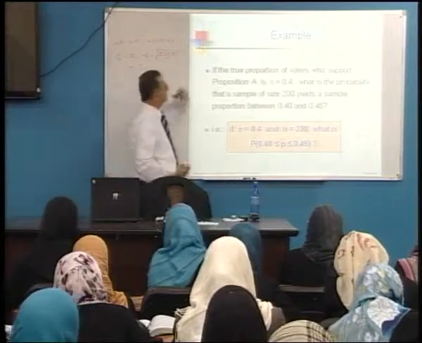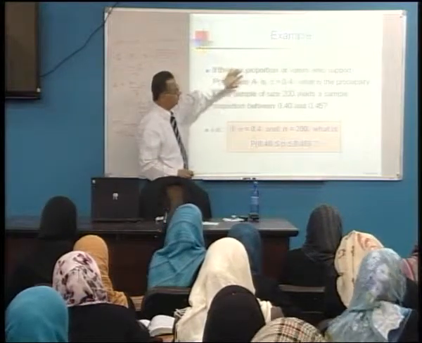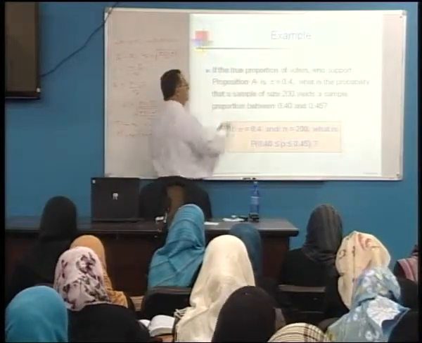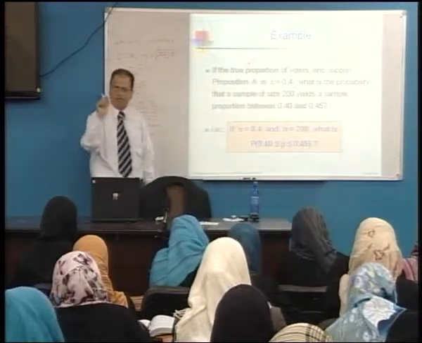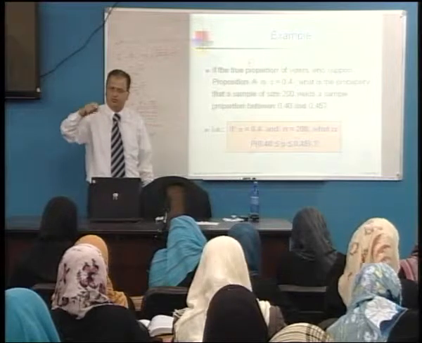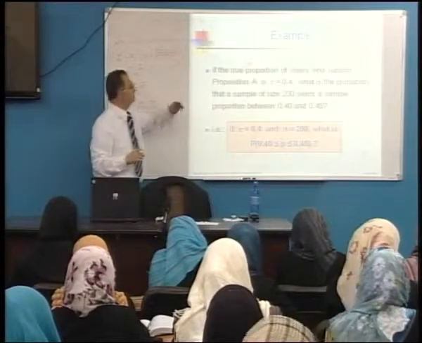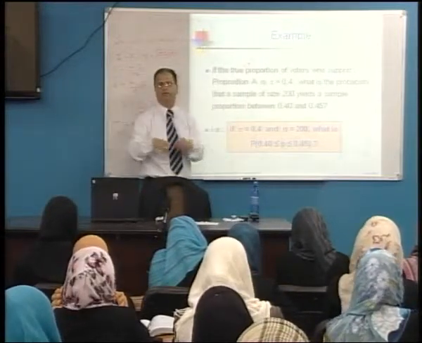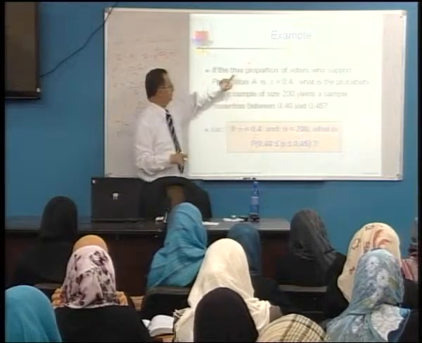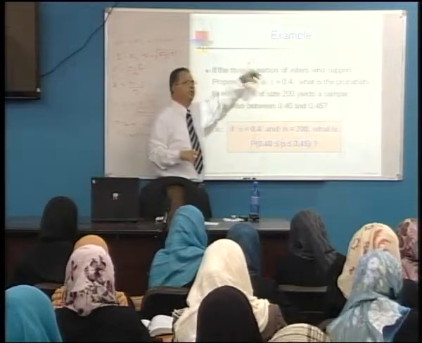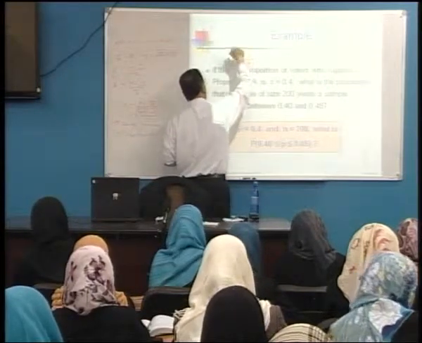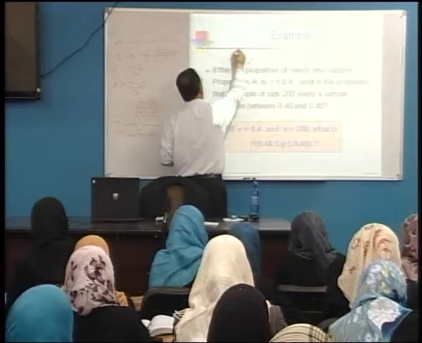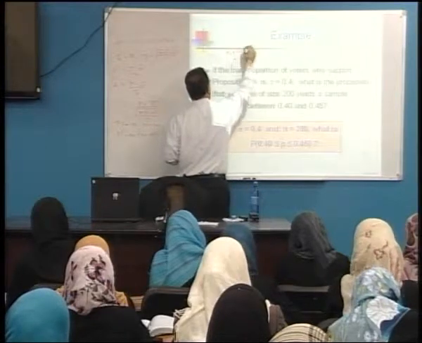Now, if the problem says the true proportion, it means pi. The true mean means also mu. So true means we are talking about the entire population. So true proportion means the population proportion. So the word true in statistics, in this case, means population.